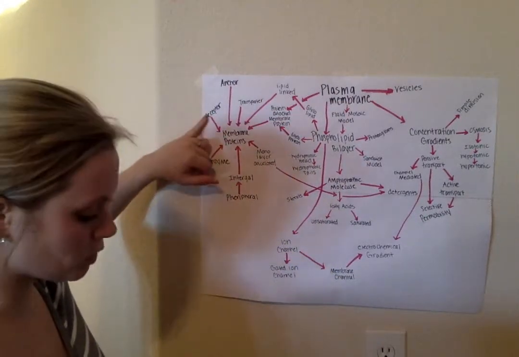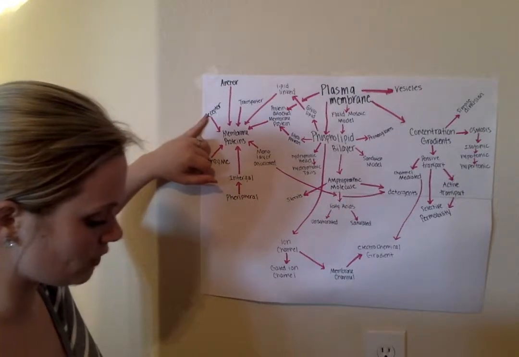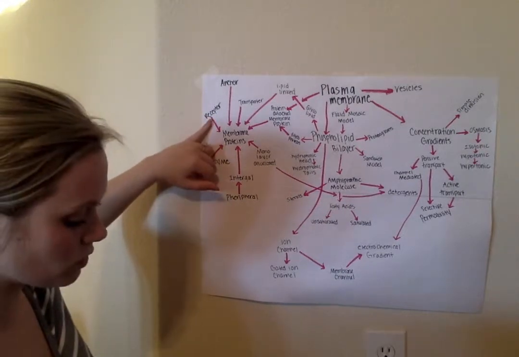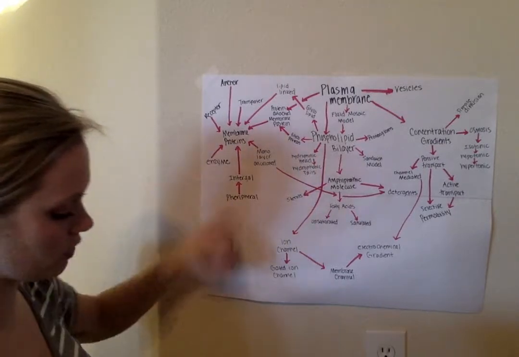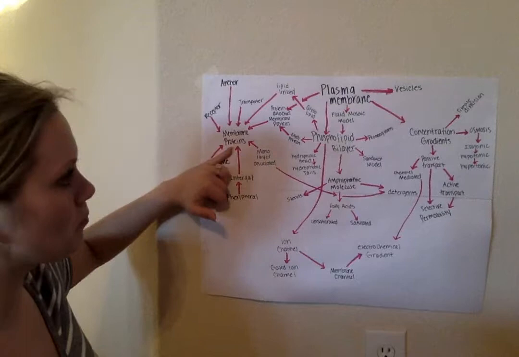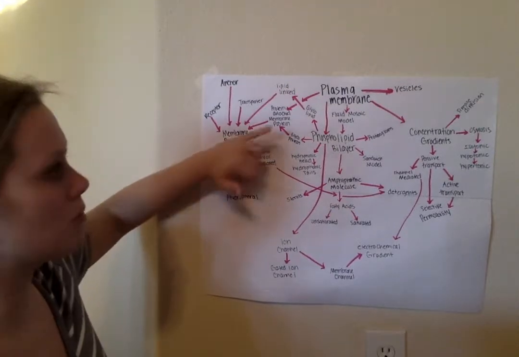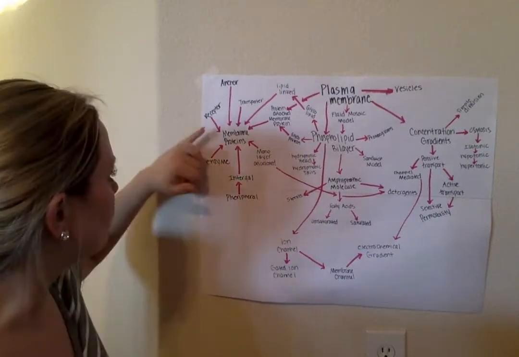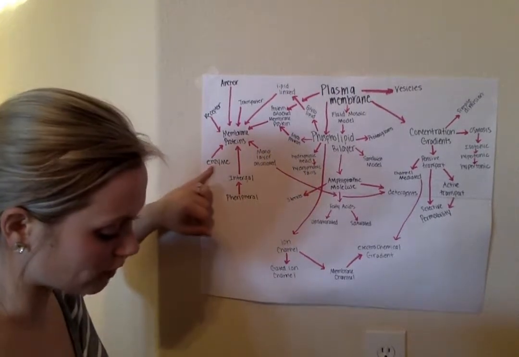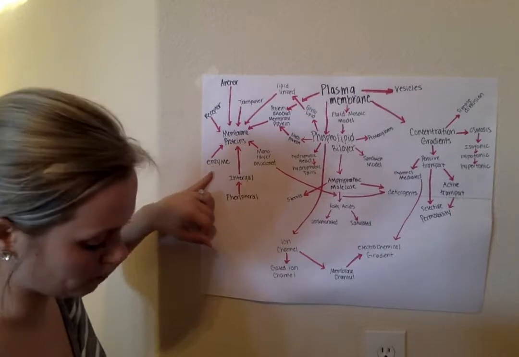Then you have receptor proteins, which detect chemical signals in the environment, and they tell the plasma membrane about what's going on outside the cell. Then you have enzyme proteins, which catalyze covalent bond breakage.